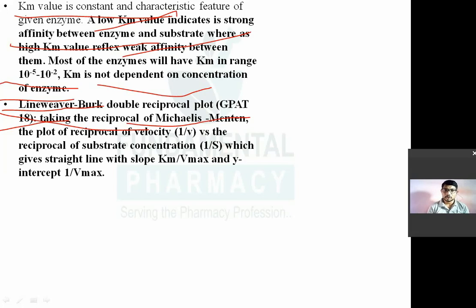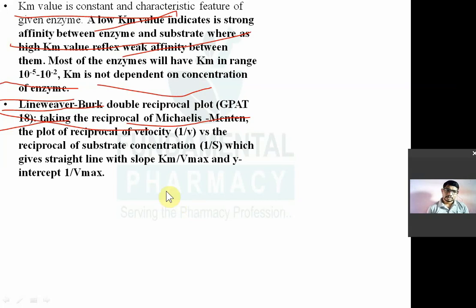So reciprocal of velocity, so 1 upon V versus 1 upon S. If you take a reciprocal of velocity versus reciprocal of substrate concentration, so again, if you plot the graph, you will get a straight line. That is known as a Lineweaver-Burk reciprocal plot. So there are some drawbacks of your Michaelis-Menten equation.